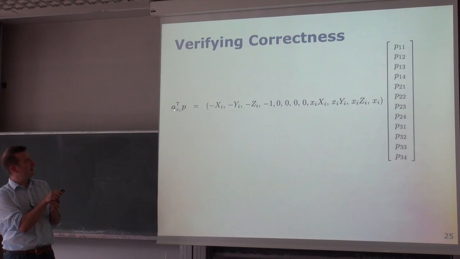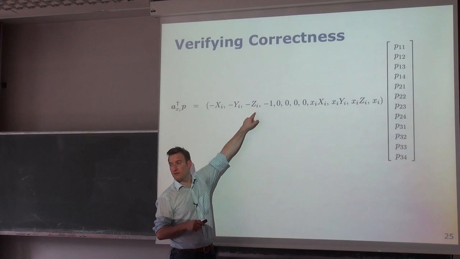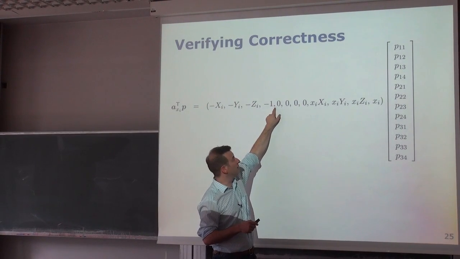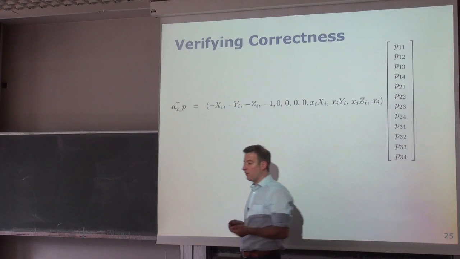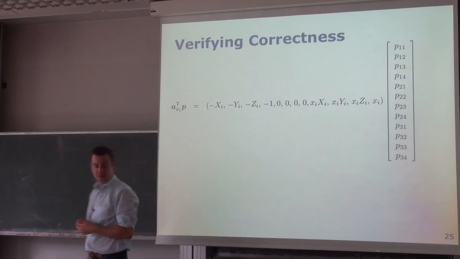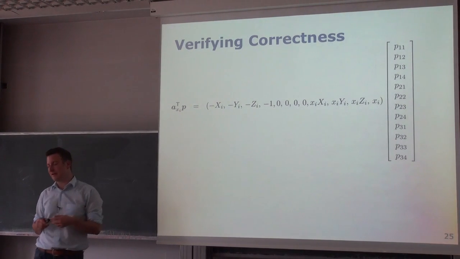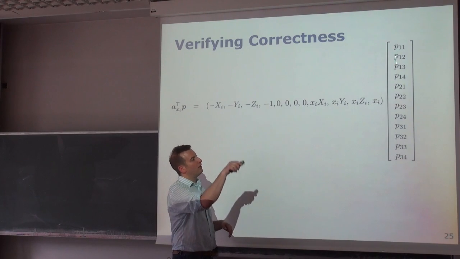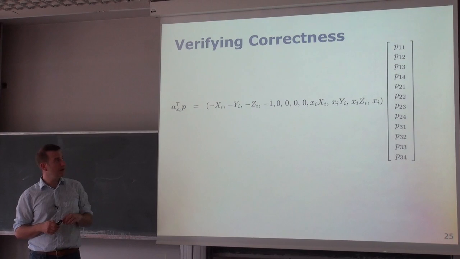This was my A x transposed, just the x, y, z coordinates, or the negative x, y, z coordinates of the point in the 3D world, and a 1, then a couple of 4 zeros, and then the product of the point in the image coordinate system and the coordinates of the point in the 3D world. And I multiply this with all 12 elements of my projection matrix.